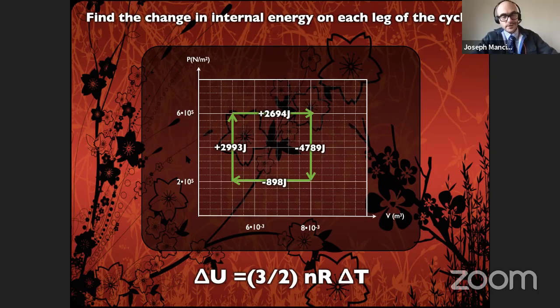We could push this further and ask you to calculate the amount of heat absorbed or discharged by the gas at every leg in the cycle. You'd compare the change in internal energy to the amount of work done. We didn't do that. Thought it was one step too far, but those are the things that you should be able to do for describing a heat engine on a PV diagram.